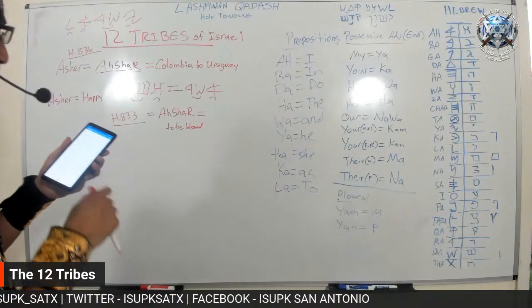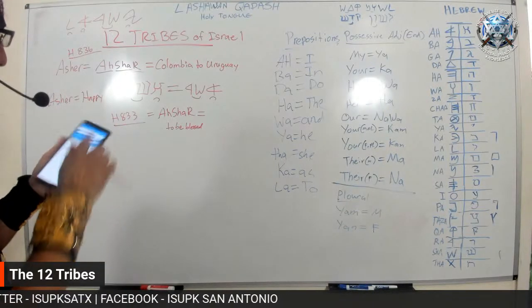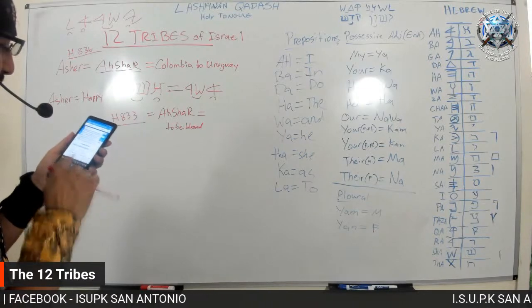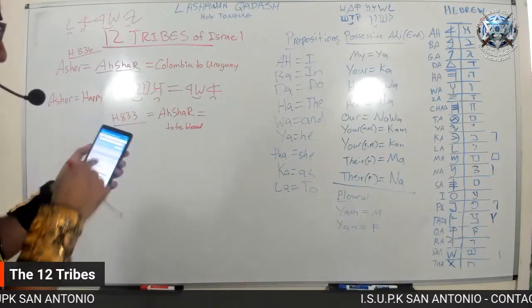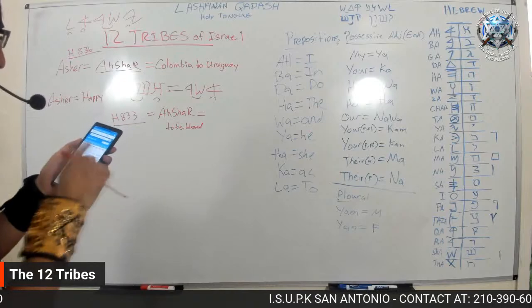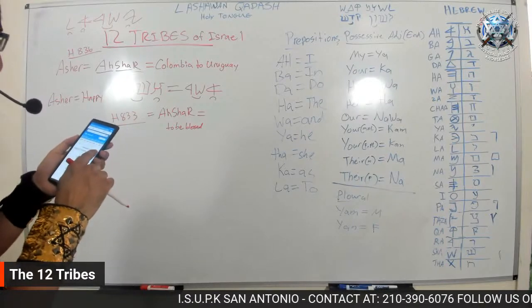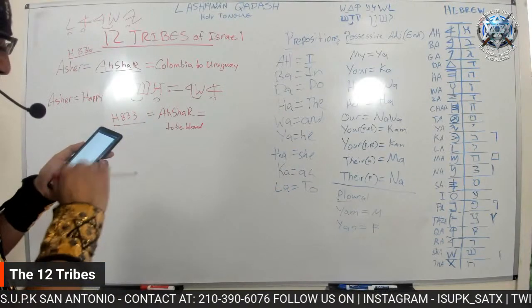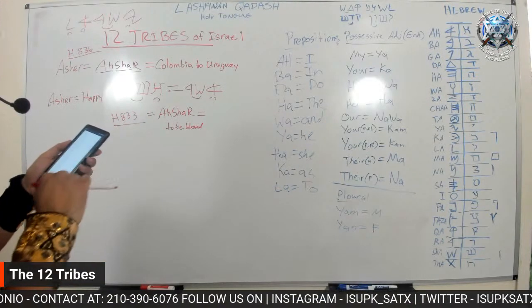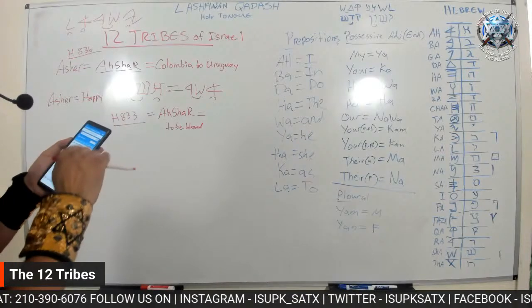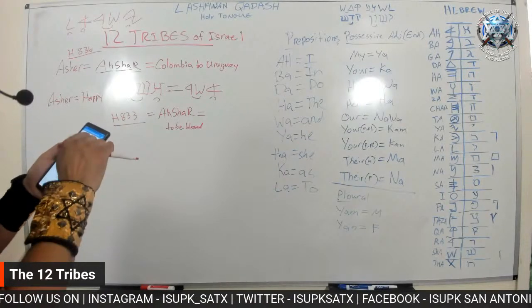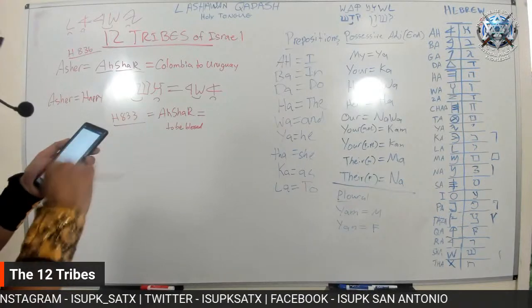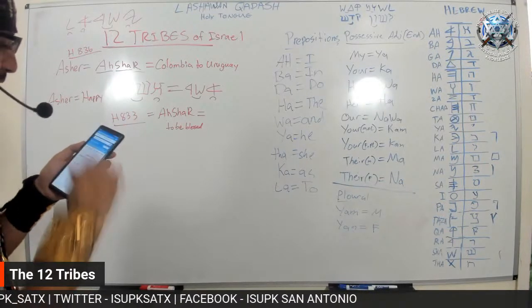So if I go to the interlinear and we just type in Asher, I'm actually using the app that we all have right now, right? Let me see. What was the verse we were just on? Genesis 30 and 13.